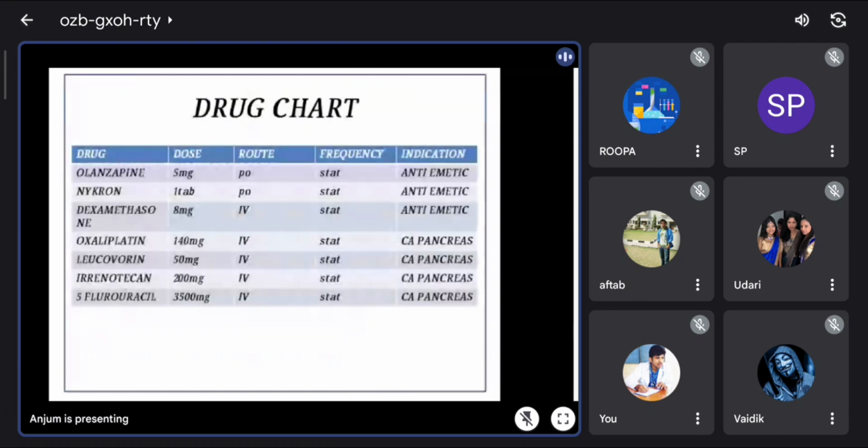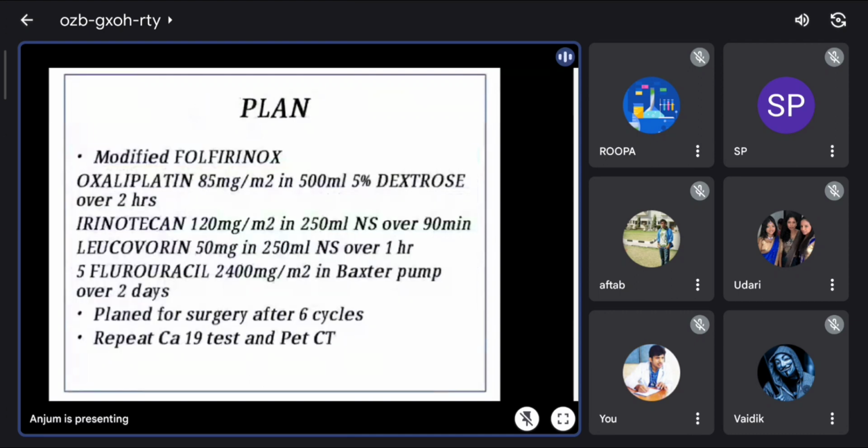This we are putting in a Baxter pump. Each vial contains 10 ml, 10 ml containing 500 mg of 5-FU. So I took 7 vials, containing 70 ml, containing 3500 mg of the drug.